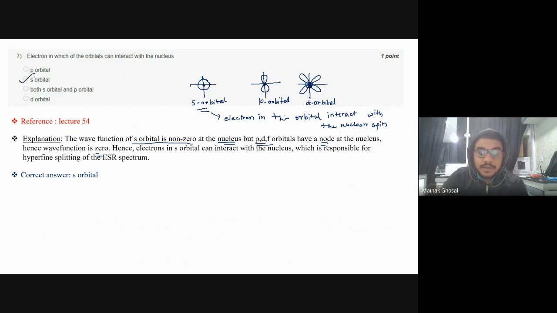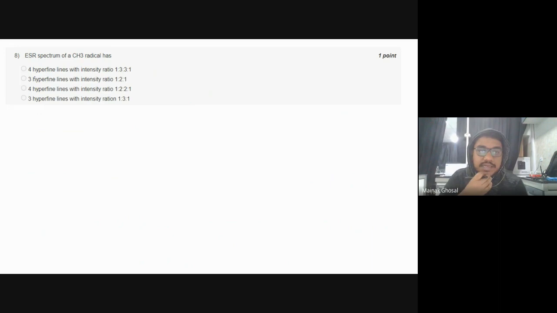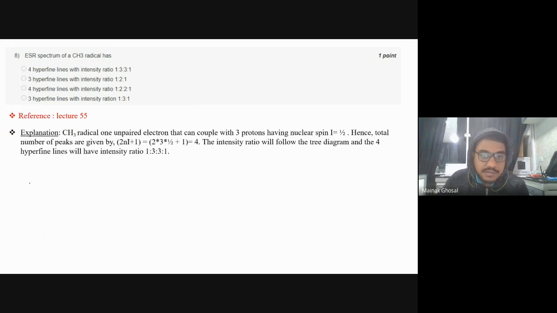Okay. So next question: the ESR spectrum of a CH3 radical, how many lines will there be? You can find this in lecture 55, the CH3 radical. The number of lines is 2nI plus 1, right?